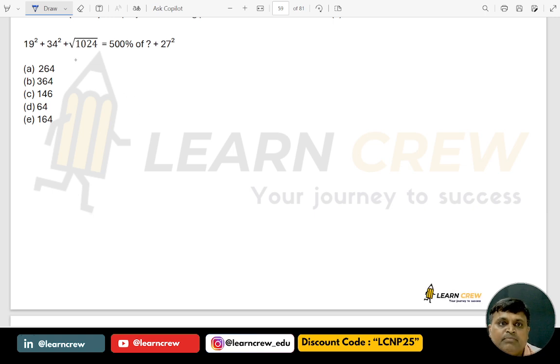19 square plus 34 square plus root 1024 is equal to 500% of x plus 27 square. So what I can do here is 19 square is 361, 34 square is 1156. Am I correct or not? Plus root 1024 is 32. 27 square, 5 times of x plus 729.